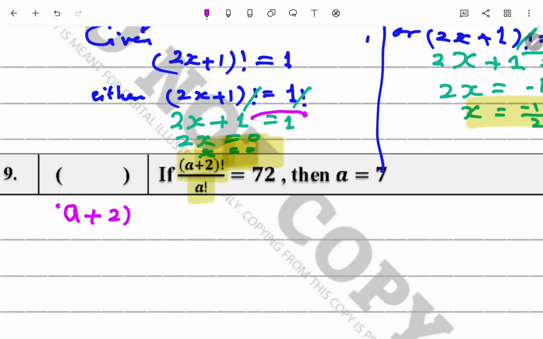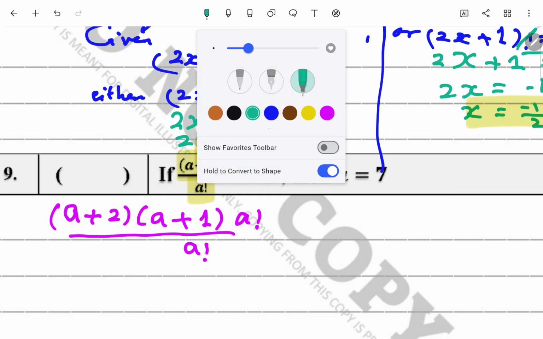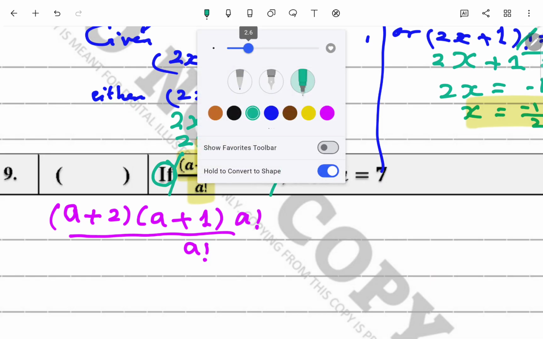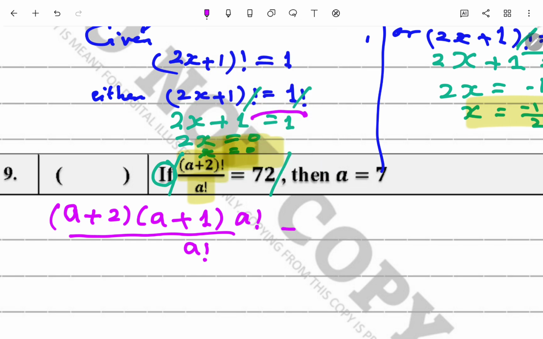A plus 2 is the first factor, then minus 1 to get a plus 1, then stop at a factorial because we have it down, and that will be easy to cancel. But try to focus on the word "if". That means you have to work all from here to there. So don't mess with the right side. Work on it at the same time.